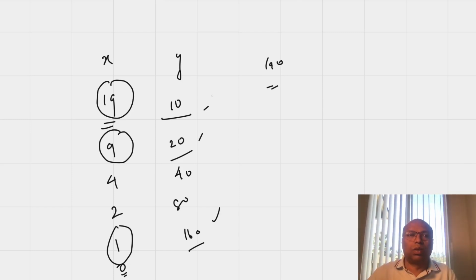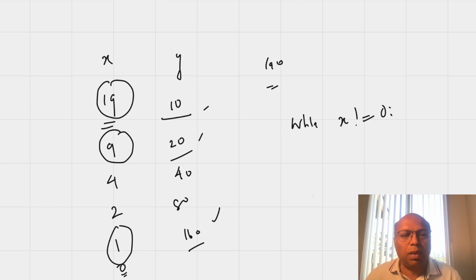Which number became 0? x became 0. Therefore, I am going to write here: while x is not equal to 0. What is the procedure I repeated? Before I divide x by 2 and multiply y by 2, I checked whether x is odd or even. How do you know x is odd?